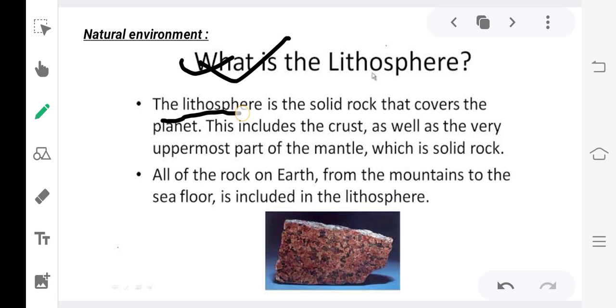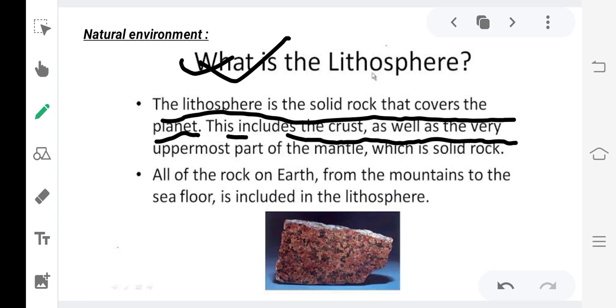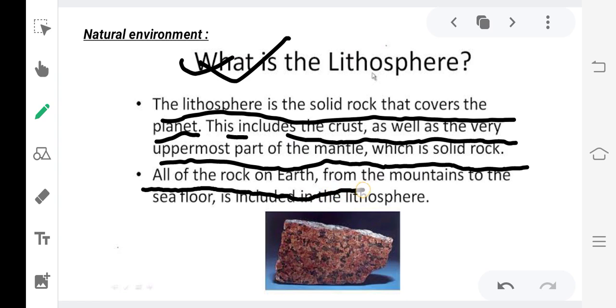Lithosphere is the solid rock that covers the planet. This includes the crust as well as the very uppermost part of the mantle, which is solid rock. All of the rock on earth, from the mountains to the sea floor, is included in the lithosphere.